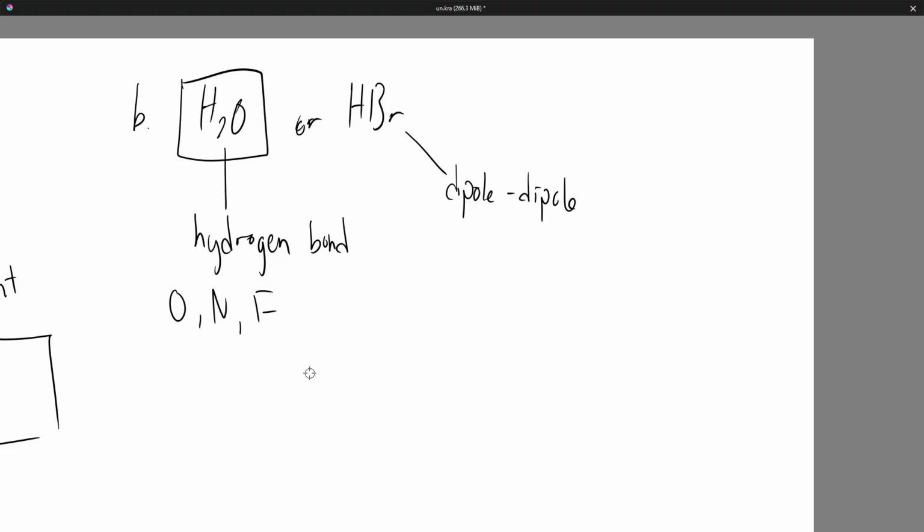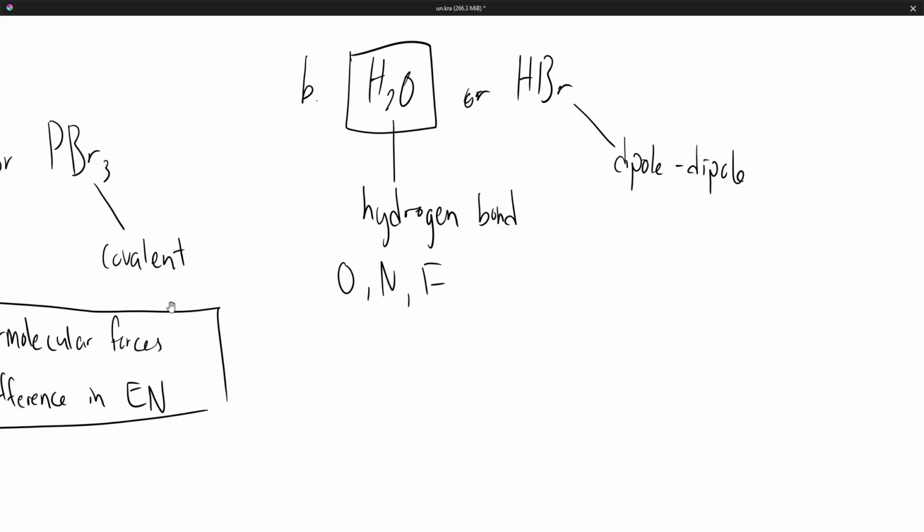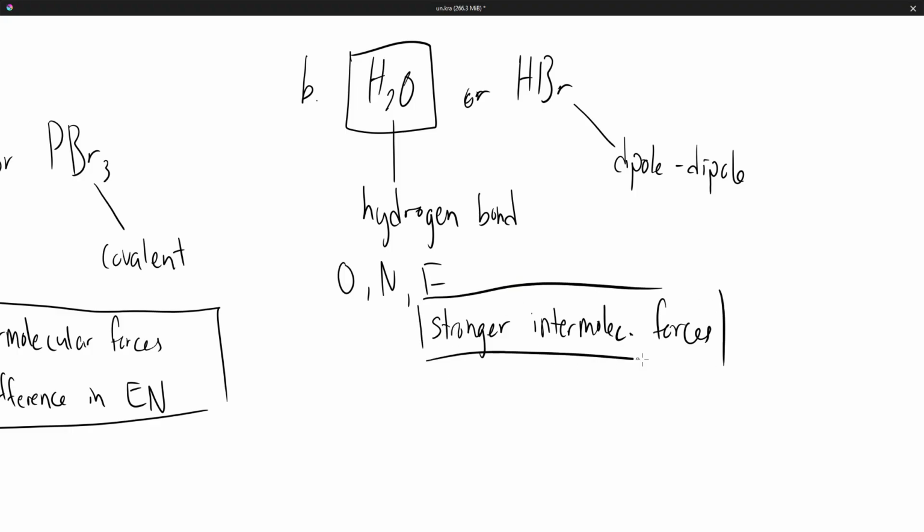And for your reason, just say the same as this basically, stronger intermolecular forces. I'm not gonna spell that out, but intermolecular forces, or put H bond or something like that. It's a pretty good answer. I feel like Schultz would accept this, or I hope.